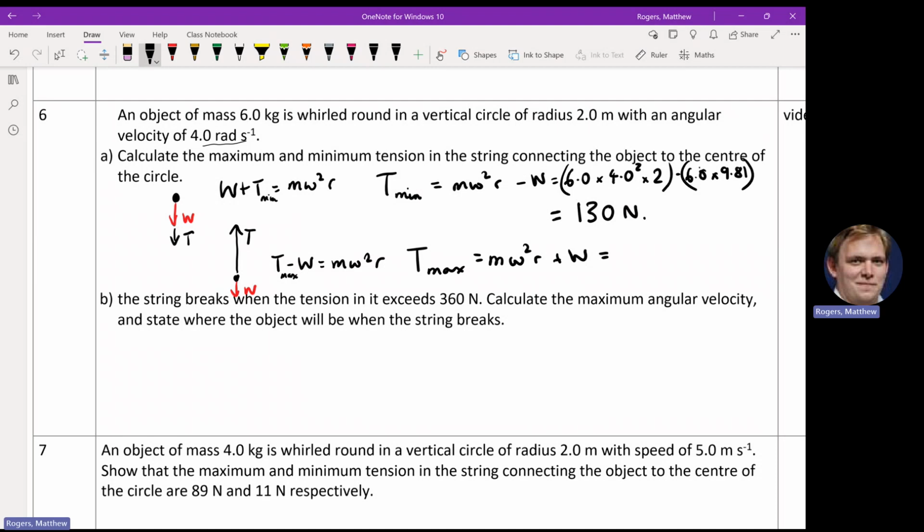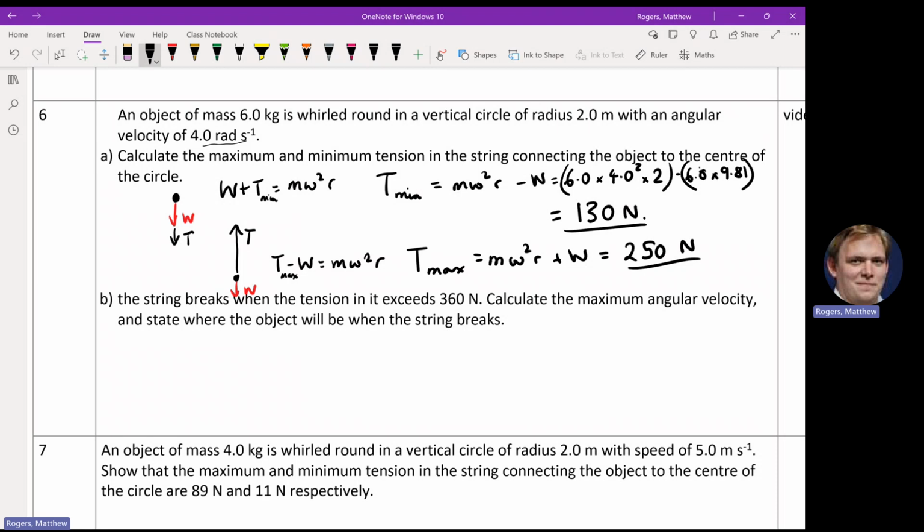Sorry, let's just do it from scratch. 6 times 4 squared times 2 plus 6 times 9.81 is 251, but we're going to round it to 250 newtons.